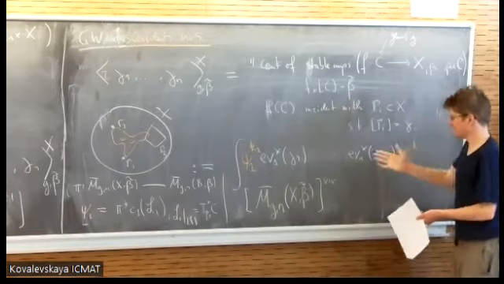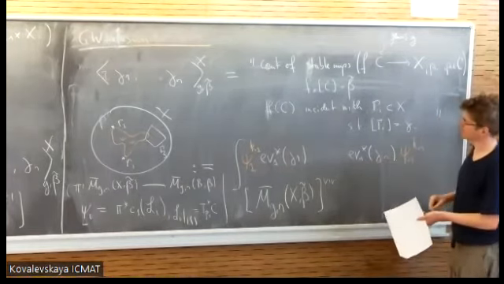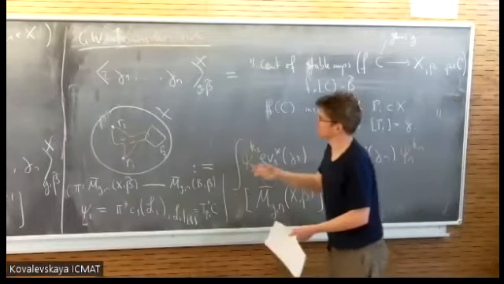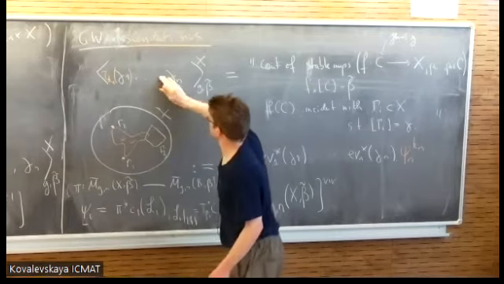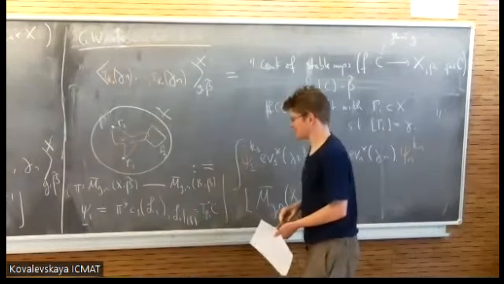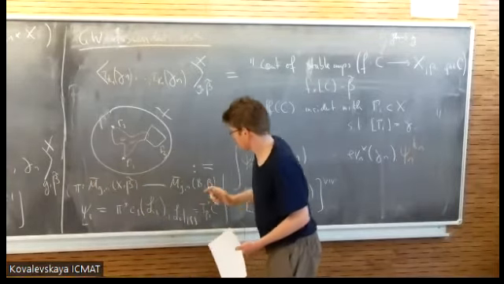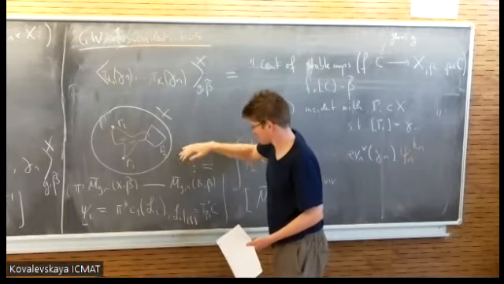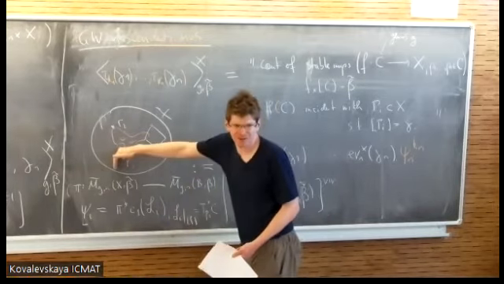So it's a very subtle difference between the usual definition of the psi class and this definition of the psi class, but this is what we need. What's the difference between the usual and this definition? Usually you just take the first Chern class of the cotangent line bundle up here. But here you take the cotangent line bundle here, and then take the first Chern class and pull it back.